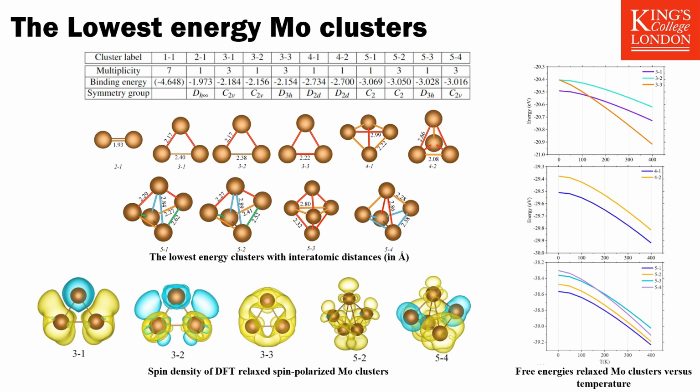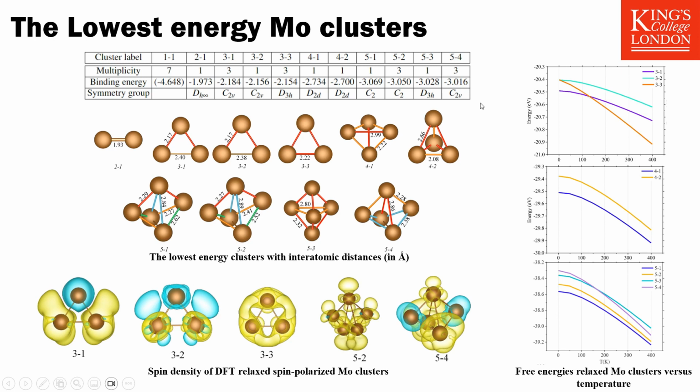Even though some of the clusters are very similar, like from 3,1 to 3,3, with a very small difference in bond length, why do I put them together here? Because the spin multiplicities for them are different, and the spin density shows a huge difference.